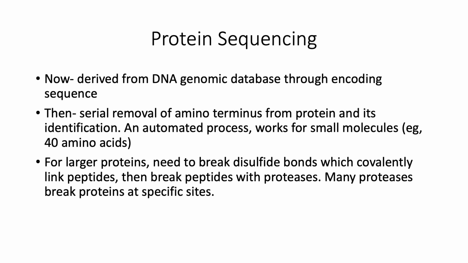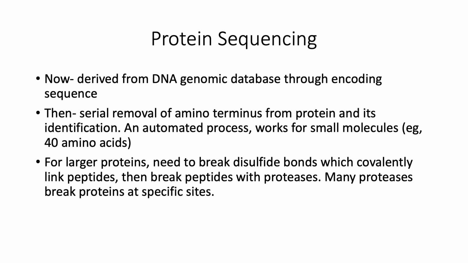Today we derive protein sequence from the DNA genome. We have an encoding sequence, but in the previous time we would serially remove the amino terminus in a protein, and with an automated process you can do this with small molecules up to 40 amino acids in length.